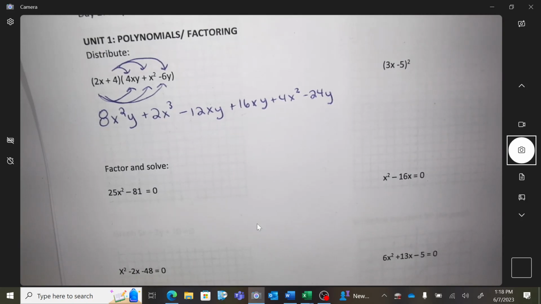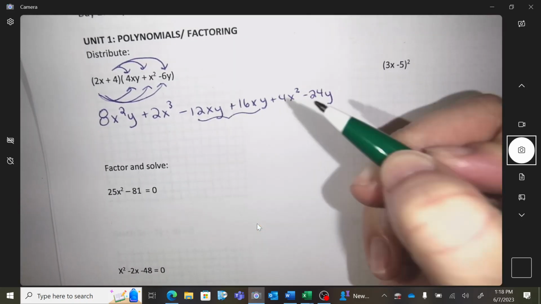Okay, I often use the word simplify. So simplify means, yep, we have to multiply. That's part of the simplifying. And there's also another part to simplify: collect. Is there anything that can be put together as a collection? The xy terms can be put together.